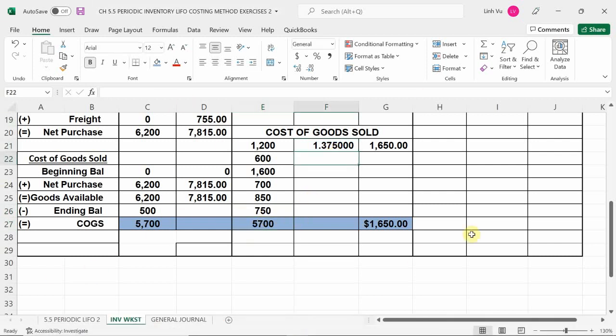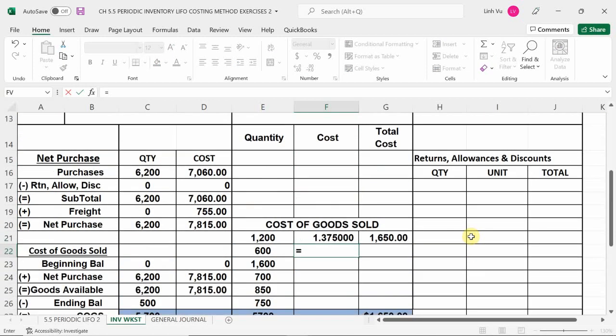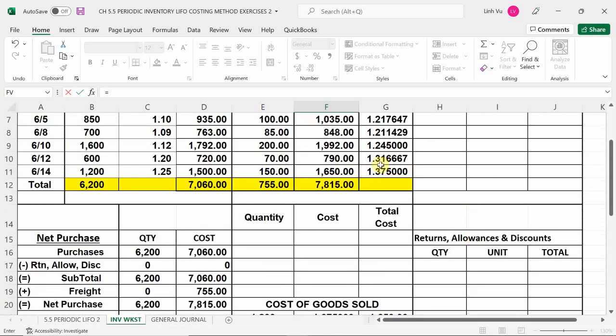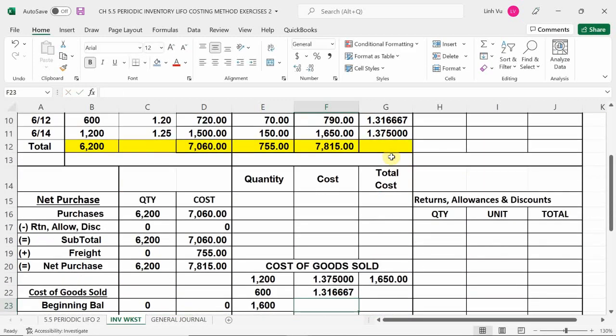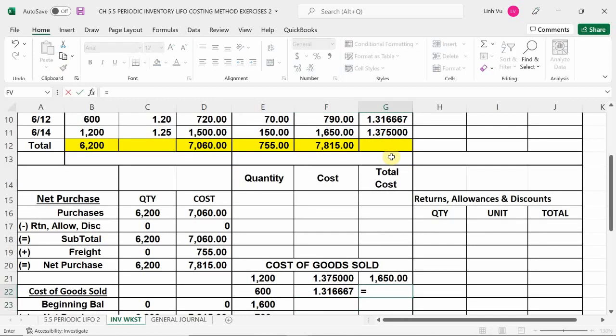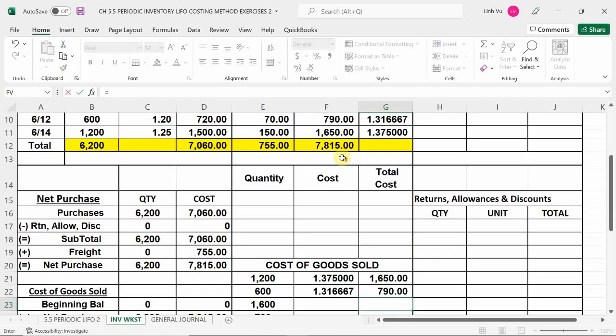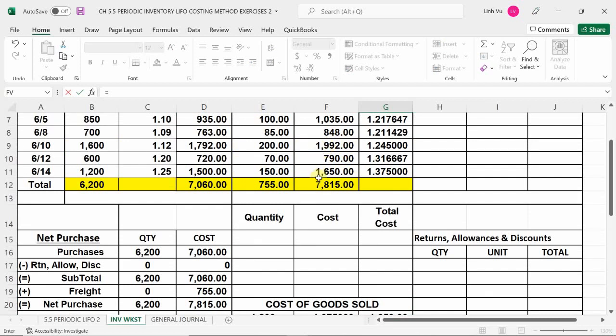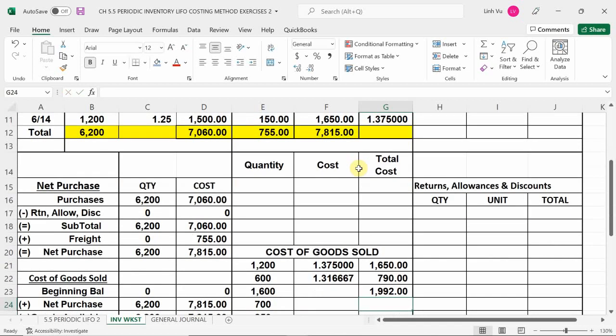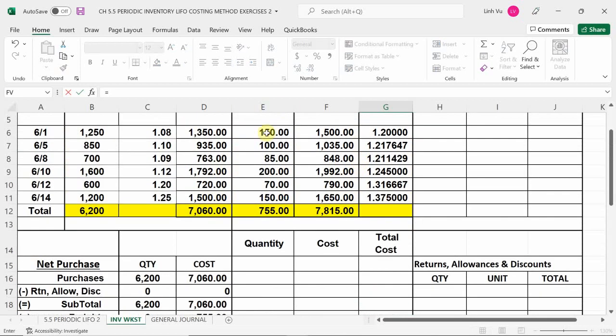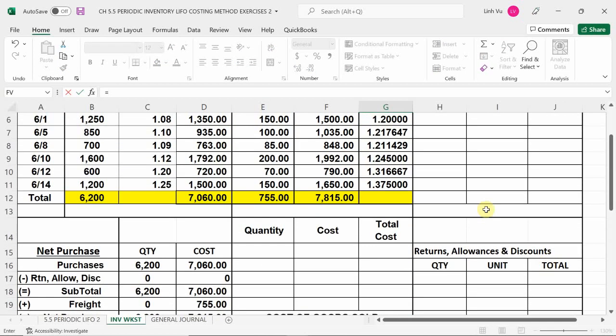And in this case, all of these are going to be what we're going to copy here. Let me do the cost first. So in this case, it's going to be that there. This one's going to be this one here. This one's going to be this one here. And of course, this one's going to be this one here. Okay?